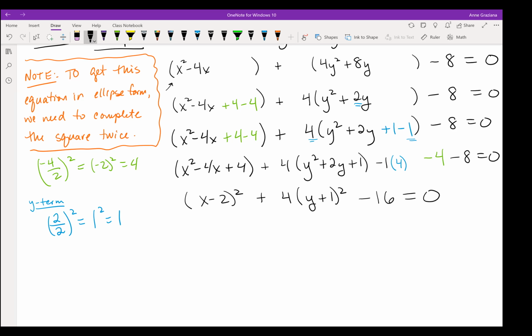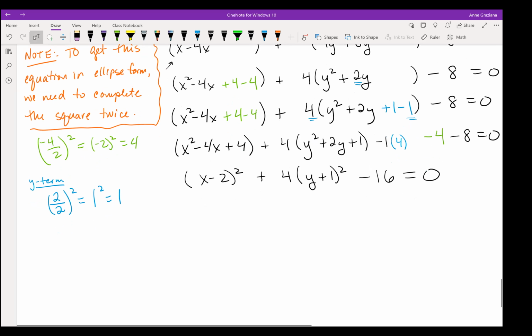Everybody see, just rewrite x squared minus 4x plus 4 as something squared. Now, I'm almost there. You can see we're getting closer, but we're not quite there. So let's add the 16 to both sides. So I have x minus 2 squared plus 4 times y plus 1 squared is equal to 16.